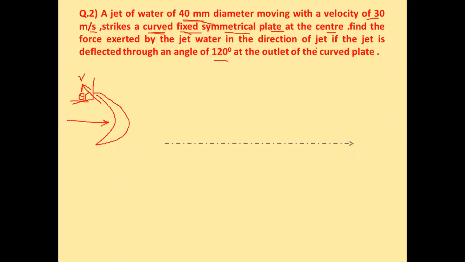What has been given in the question is that the jet is deflected through an angle of 120 degree. That means the jet is traveling in the horizontal line, and it gets deflected through an angle of 120 degree. That means this entire angle of deflection is 120 degree, and theta is not given to us. We have to find out theta.